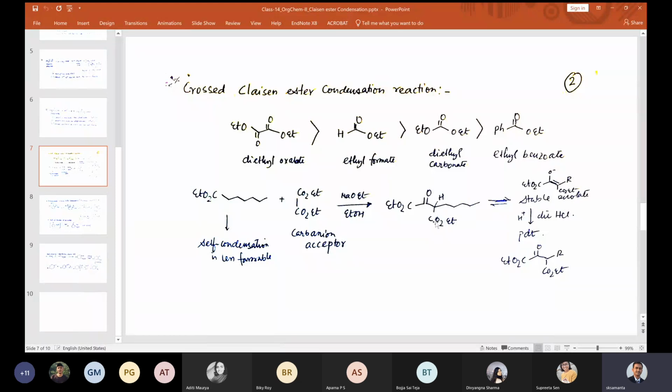So this is your CO2Et, this one, and C double bond O CO2Et. So then the third equilibrium also exists where this proton will be picked up because this proton is acidic in nature. So it will remain as a stable enolate. Now if you do acidification, you will get the product where the R group is basically the rest of the long chain group, the pentyl group. Okay, it's very simple.